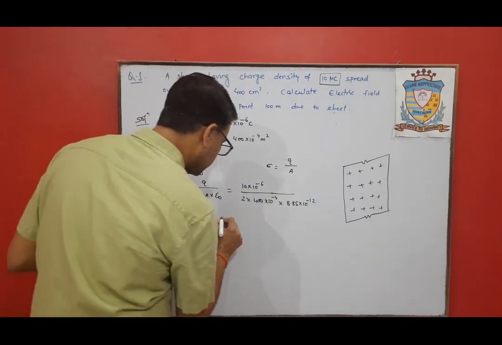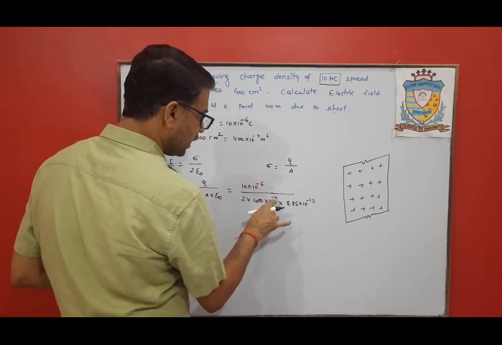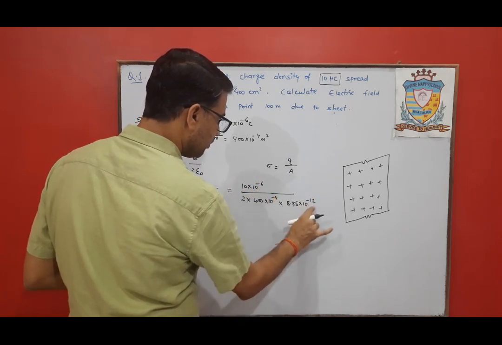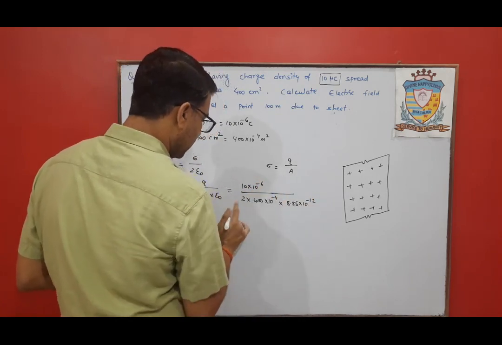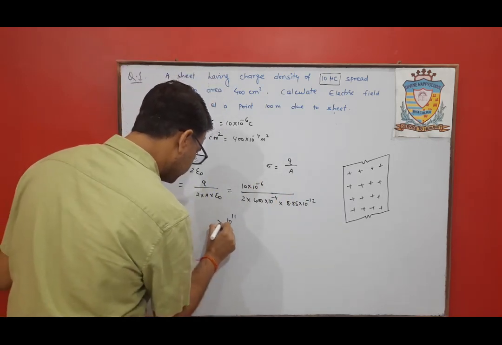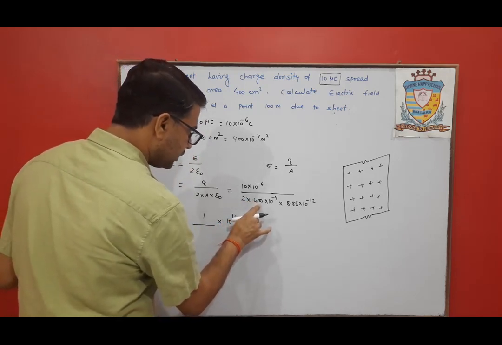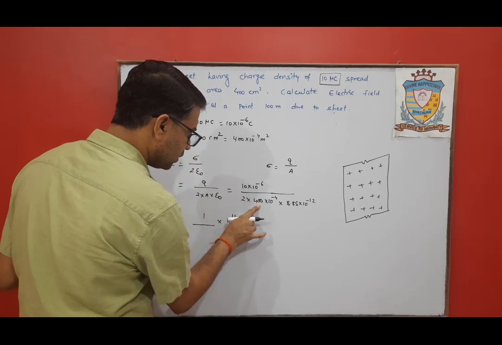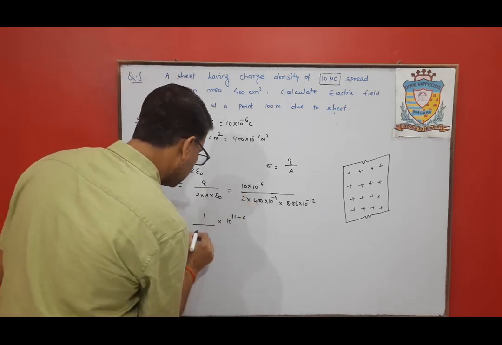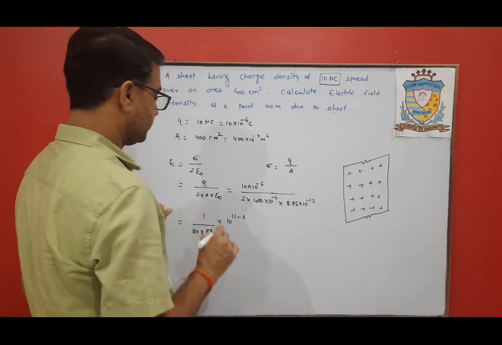After solving, the numerator becomes 10 to the power minus 5, and in the denominator, minus 4 minus 12 is minus 16, so 10 to the power 11 upon 8 into 8.85.